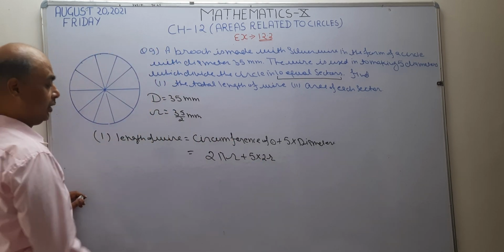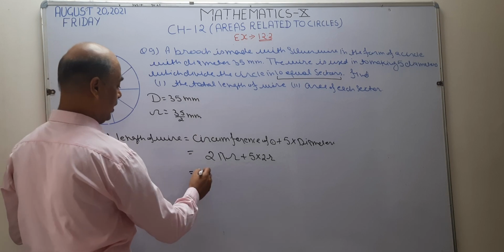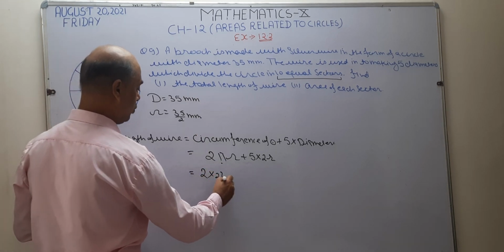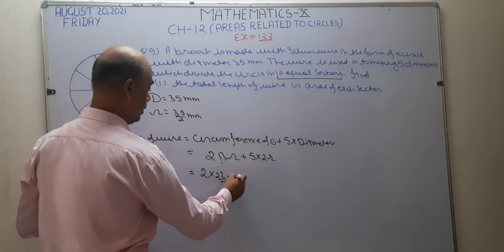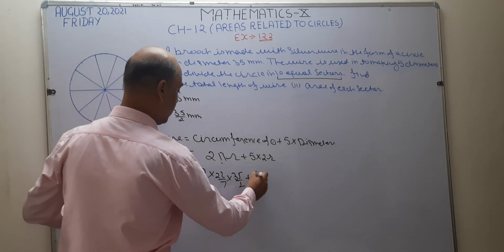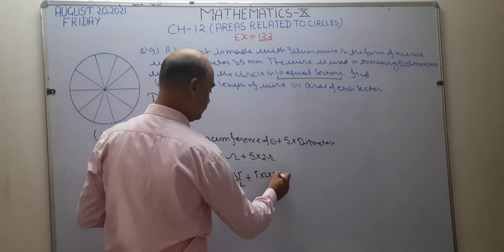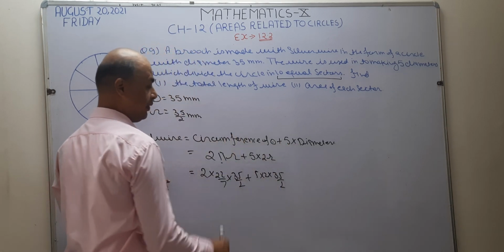Clear? Now in this question we are going to find the length. So to find the length we are going to use the pi value 22/7. Radius is given, 35/2, plus 5 into 2 into r. R is again 35/2 because this is the same diameter.